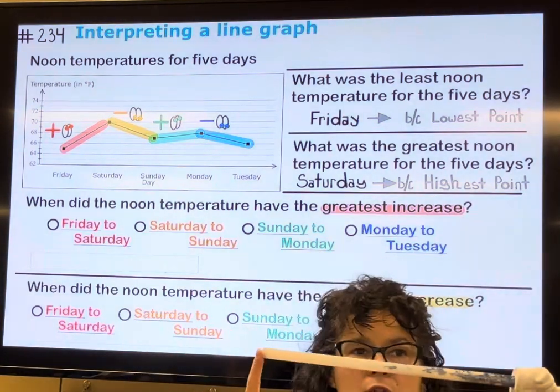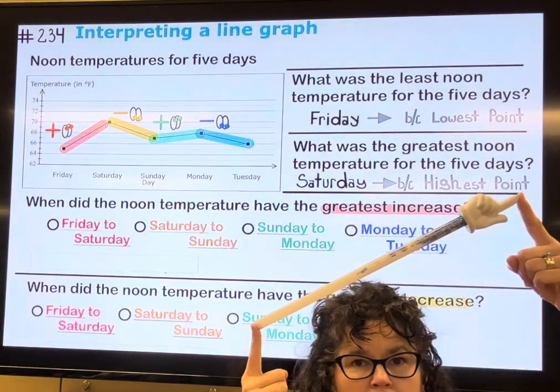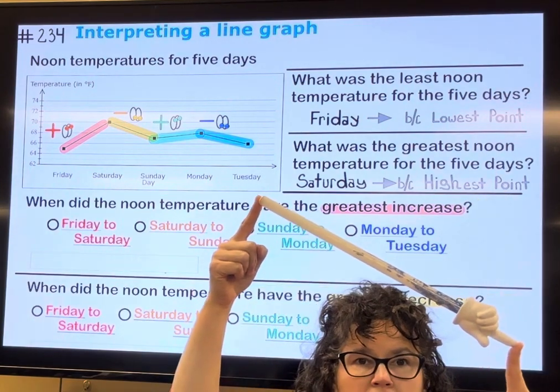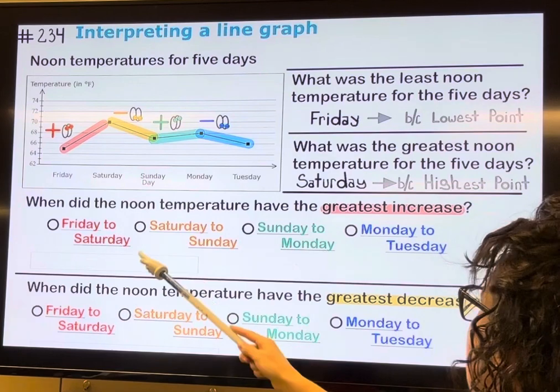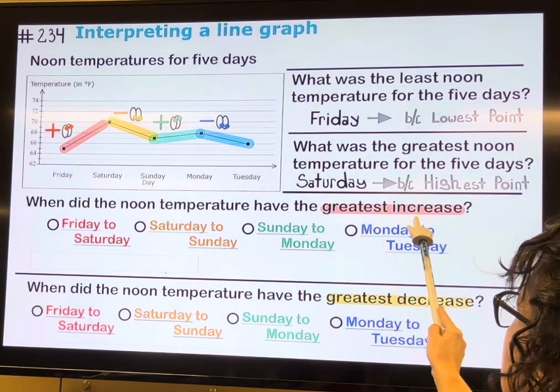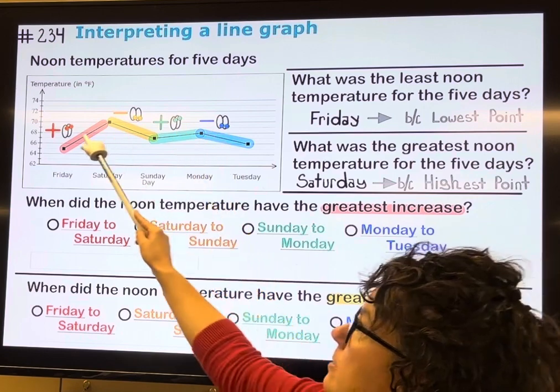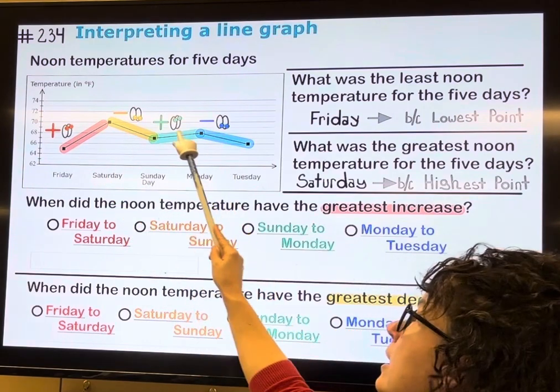Greatest increase, so if it's an increase, it's going uphill. And if it's a decrease, it's going downhill. So first off, for all of these options, greatest increase, uphill and uphill. It's between this one, the red one, and the green one.